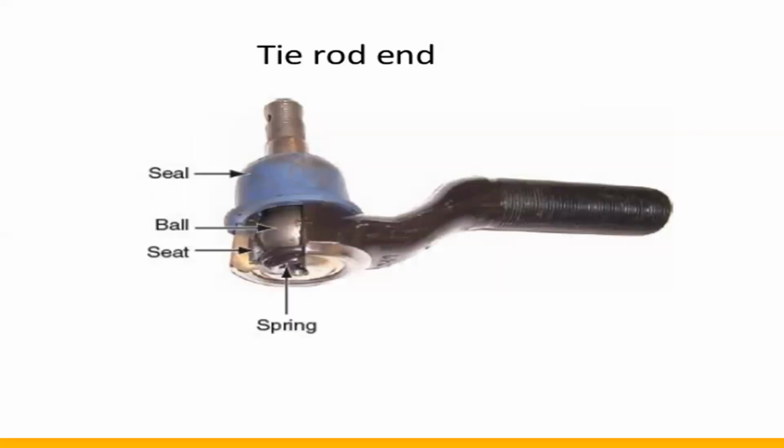So here it is the tie rod and the ball joint. The ball joint gives the suspension system, and the spring is placed at the tie rod end.